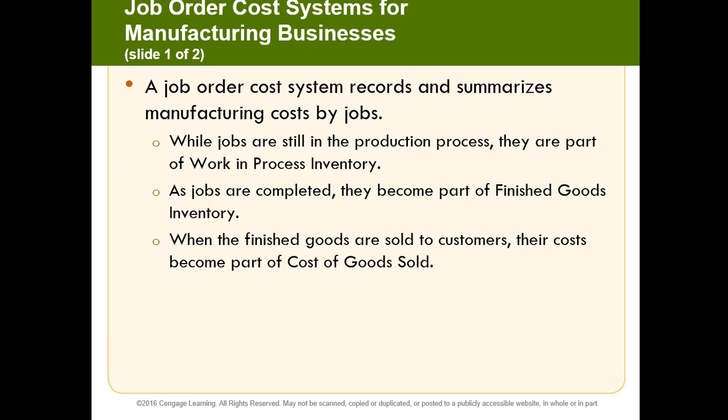Once that job is finished, all of those costs that have been accumulated are now finished goods inventory. And by finished goods, that means it is done, it is complete, it is ready to go out onto that showroom floor or be delivered to the customer. When the goods are sold, all of those costs become cost of goods sold.